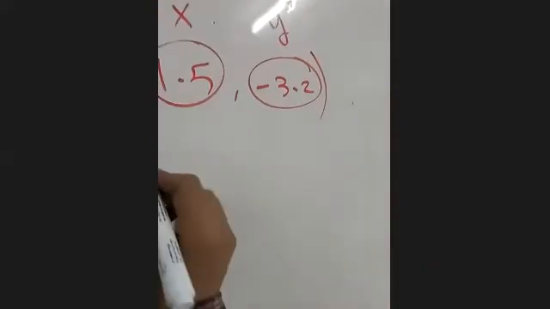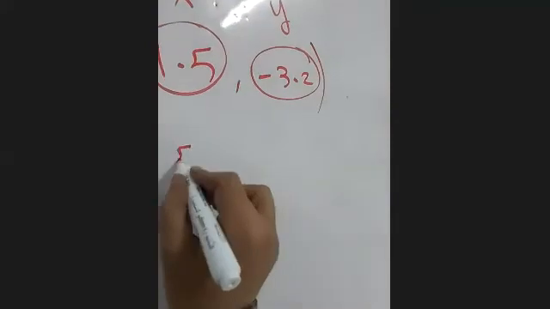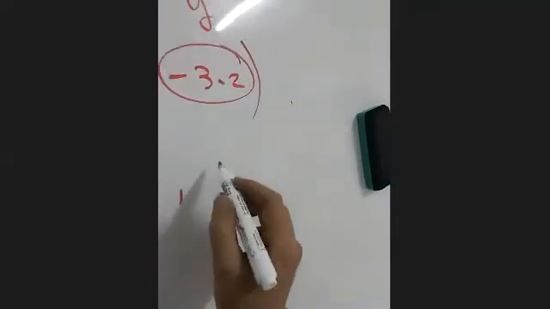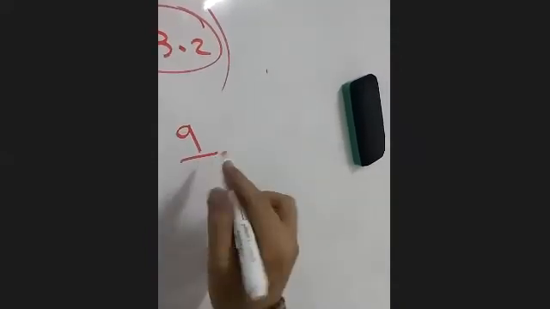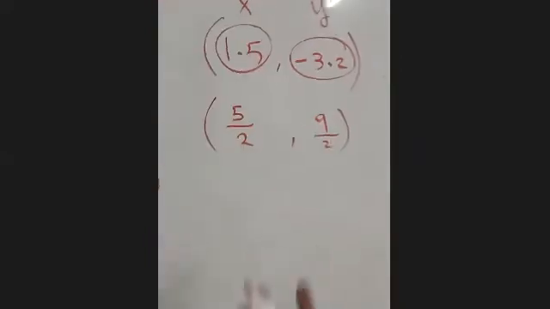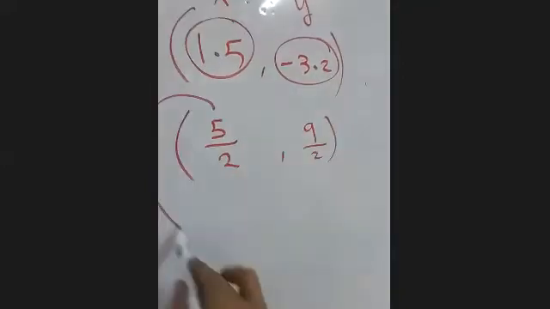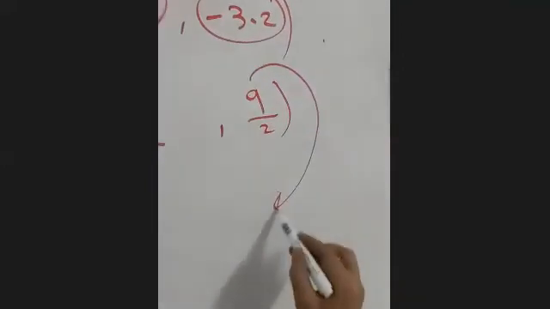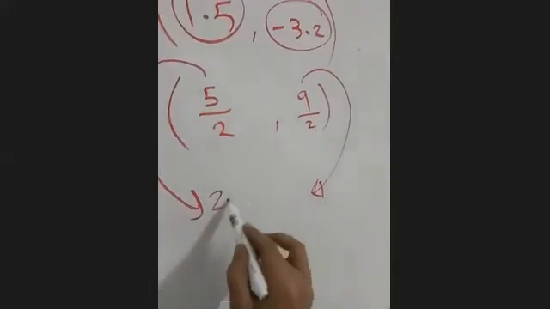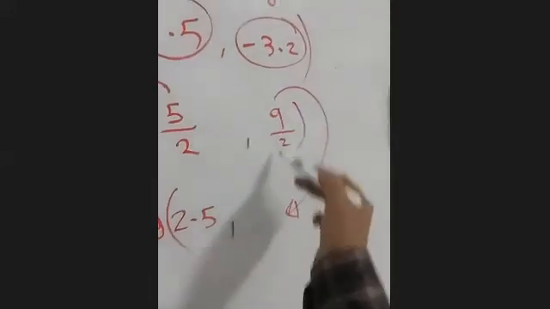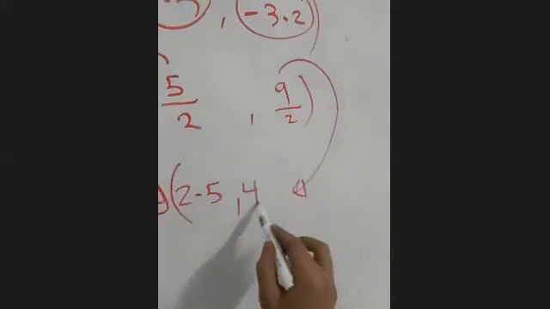But if we have fractions like 5/2 and 9/2, how do we do it? As we did in the previous lesson, we turn both of them to decimals. 5/2 gives 2.5, and 9/2 gives 4.5.